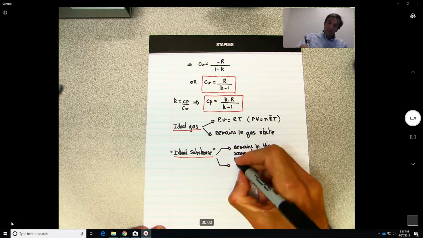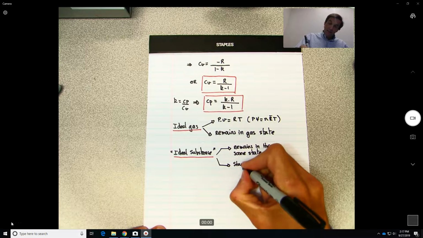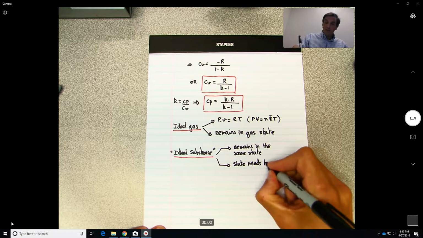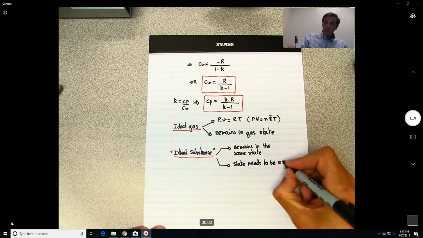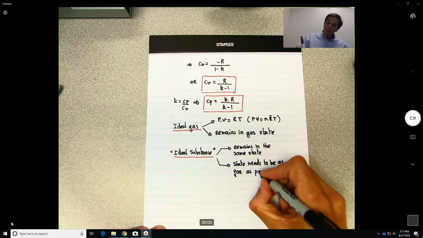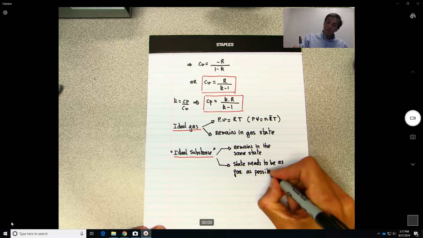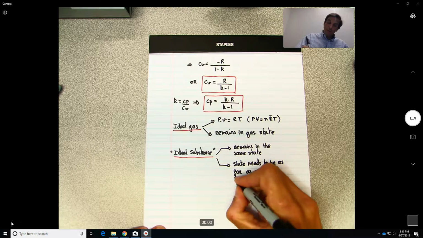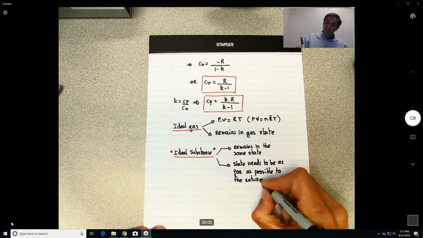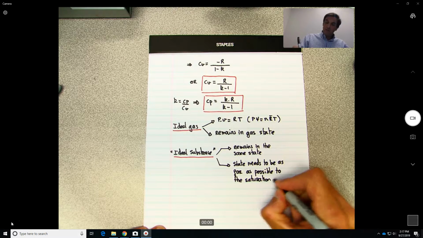The state needs to be as far as possible from the saturation lines.